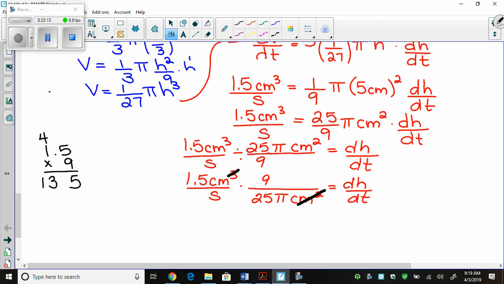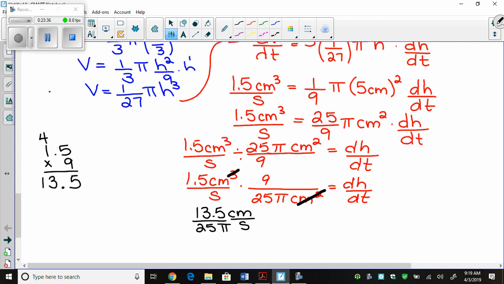And then however many total decimals there are, that's how many decimal places. I only have one decimal. If I had 0.9 times 0.5, that would be 2 decimal places, so I'd have to do it in 2. I get 13.5 centimeters per second, and on the bottom I'd have 25 pi.